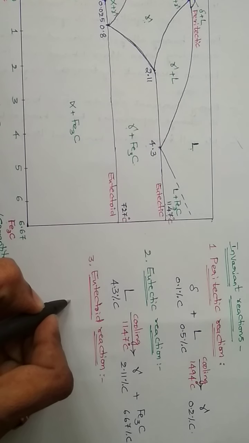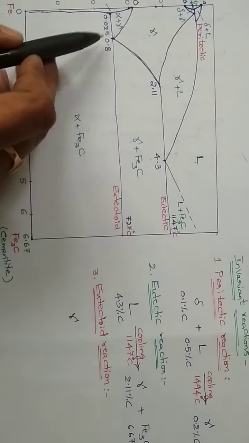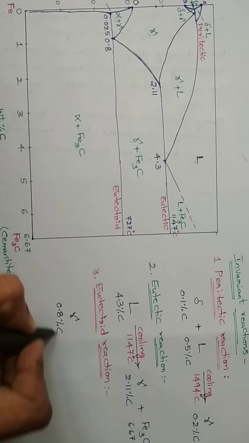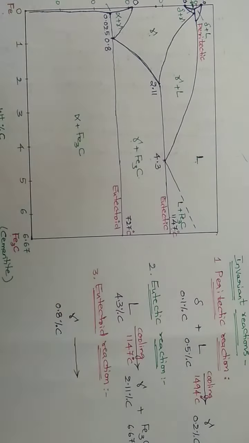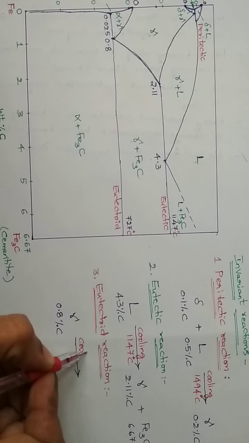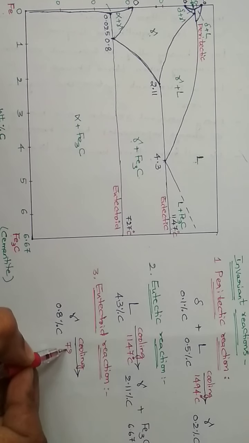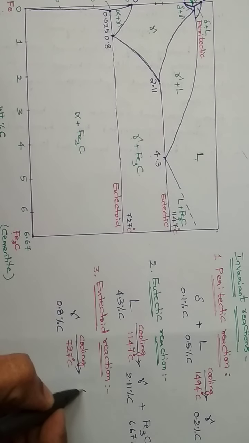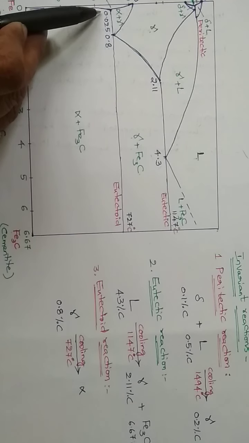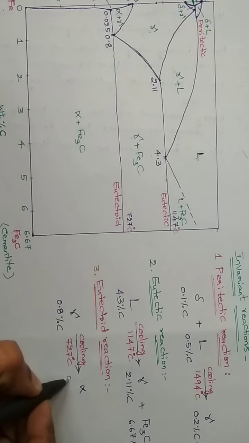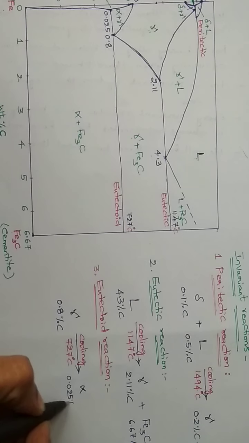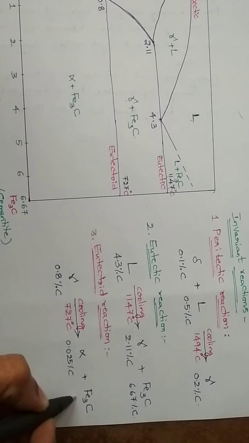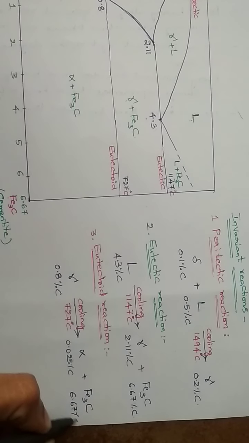Okay, so gamma containing 0.8% carbon on cooling at 727 degrees centigrade, it is transforming to alpha. So what is the percentage of carbon? Alpha contains very small amount of carbon, 0.025% carbon plus Fe3C. So Fe3C contains 6.67% carbon.